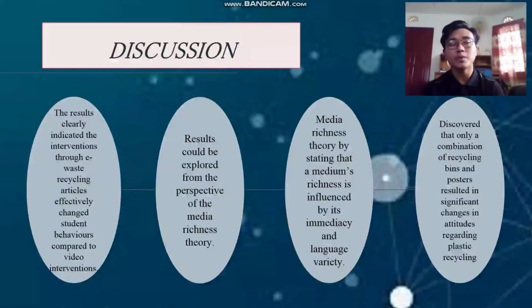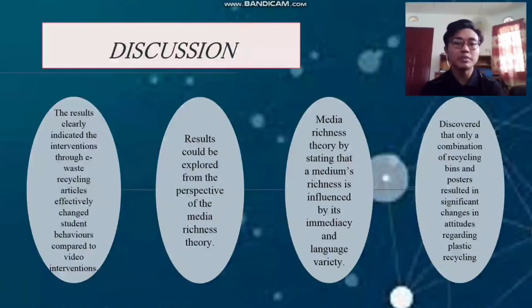This theory posits that richer media are distinguished from leaner media based on 4 factors: feedback in the form of two-way communication, the ability to convey nonverbal and verbal cues, the ability to convey a personal focus, and the use of natural language.